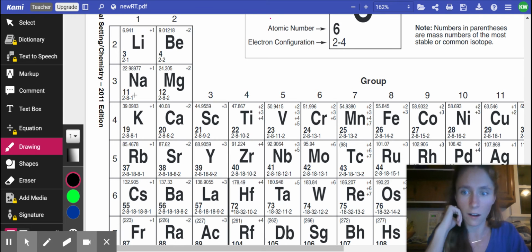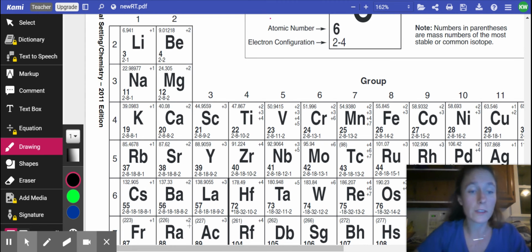So group 1 all have 1 valence electron. Group 2 all has 2 valence electrons. So you'll notice that all of the group 1 ions will form positive 1 cations because they're all trying to lose just 1 electron. In group 2, they're all trying to lose their 2 valence electrons, so they'll all form plus 2 cations.